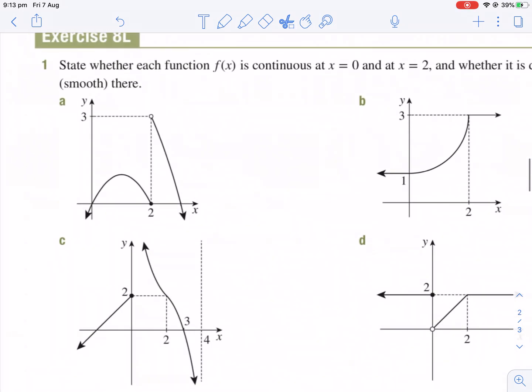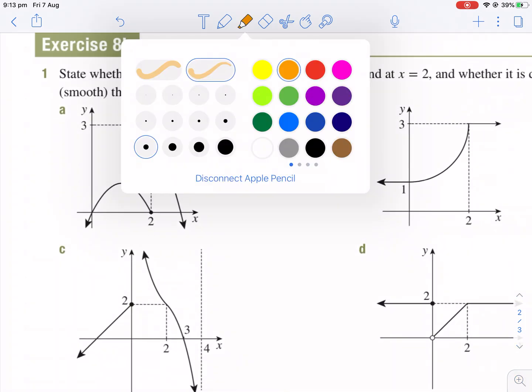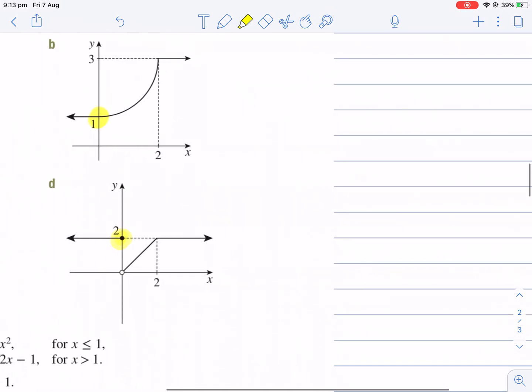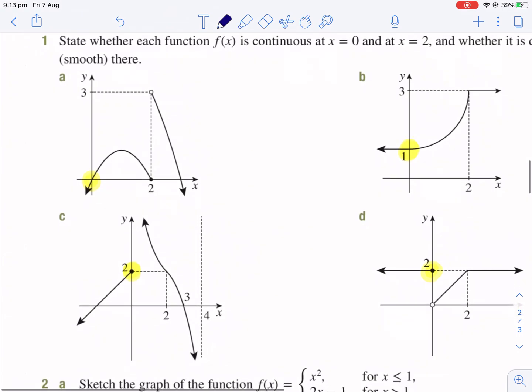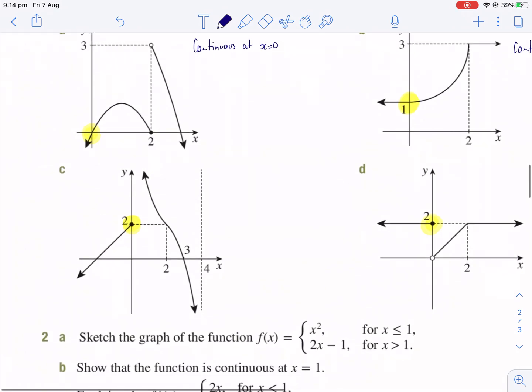State whether it's continuous at x equals 0 and x equals 2 and whether it is differentiable there. So x equals 0 is there, there, there, there. This is continuous. This is continuous at x equals 0. This is not continuous at x equals 0.